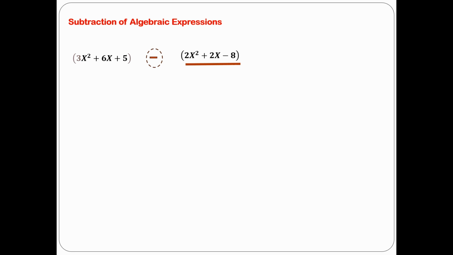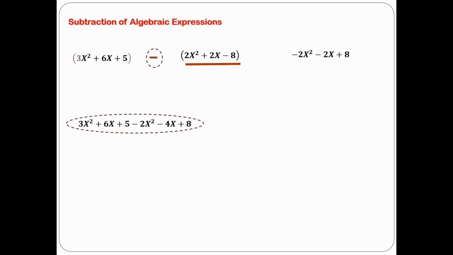So all of the signs in the second trinomial will be changed. It means that the positive sign will become negative and the negative sign will become positive. So the second trinomial will become negative 2x squared minus 2x plus 8. Now the new expression will become 3x squared plus 6x plus 5 minus 2x squared minus 2x plus 8.